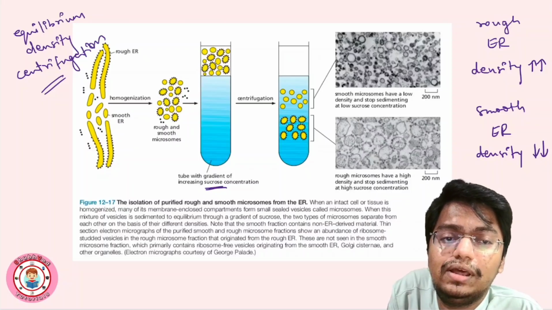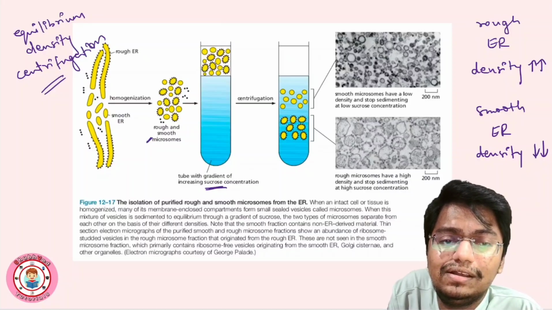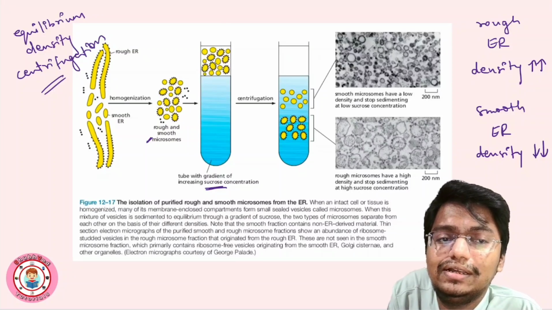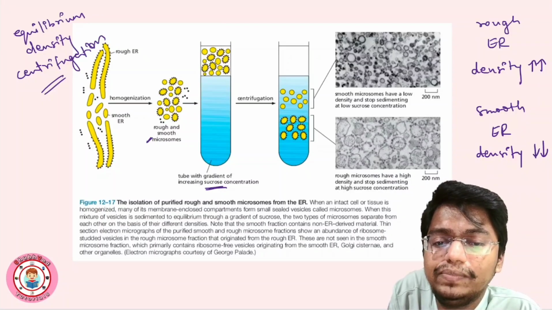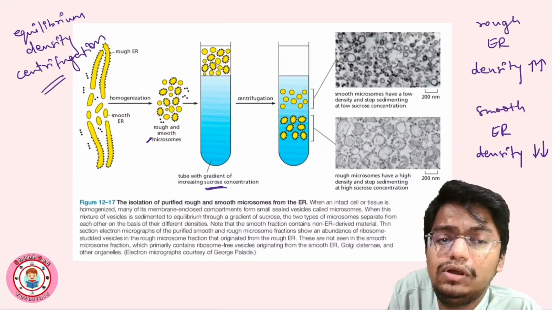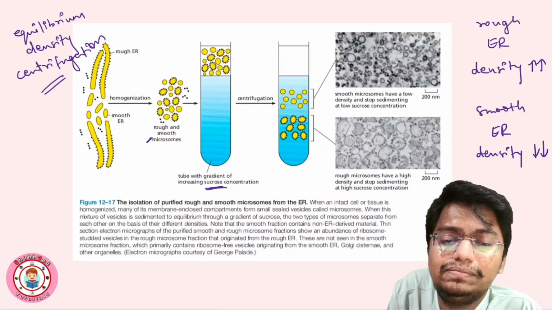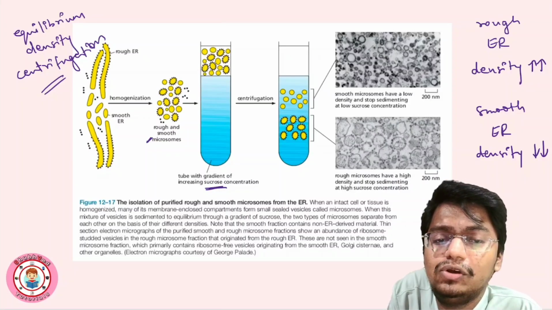Then after homogenization, the ER is converted to microsomes. Okay, microsomes are basically small vesicles having the composition of that organelle. Suppose rough microsomes derive from rough ER and smooth microsomes derive from smooth ER, then Golgi and other organelles also. So here there is a density gradient of sucrose concentration.